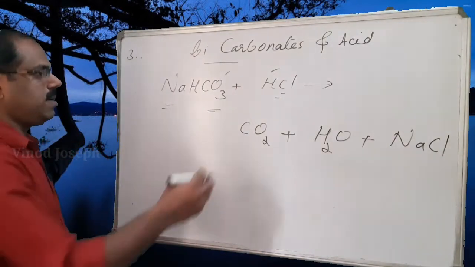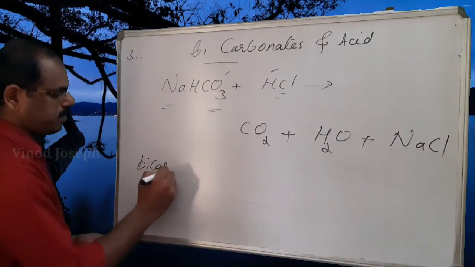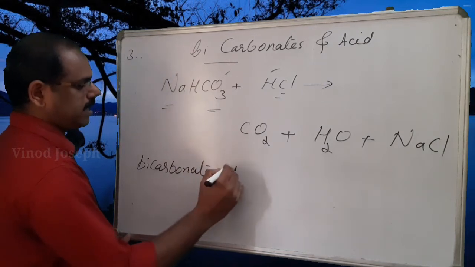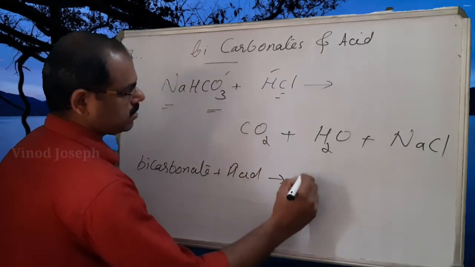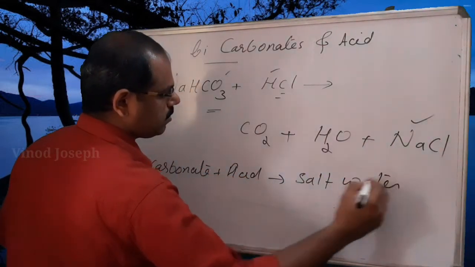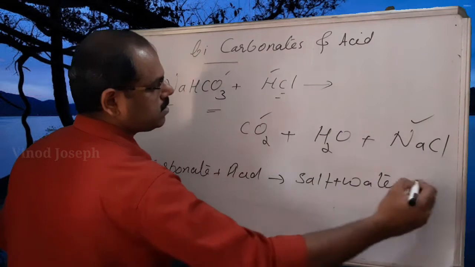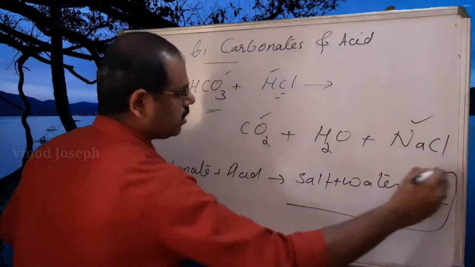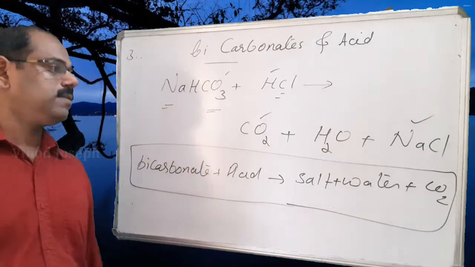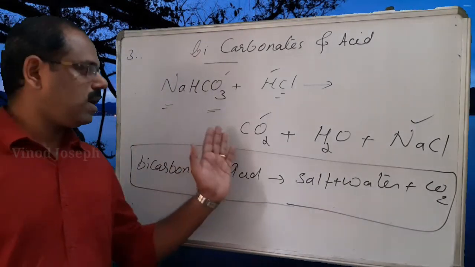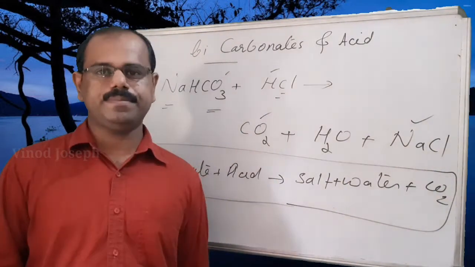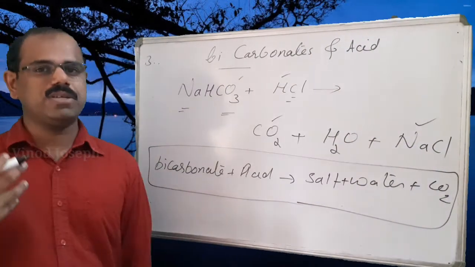The products are the same. Bicarbonate plus acid gives salt, water and CO2. So it can be the general equation: a bicarbonate reacts with acids to give carbon dioxide, water and salt. Always make sure here too that the equation is balanced.